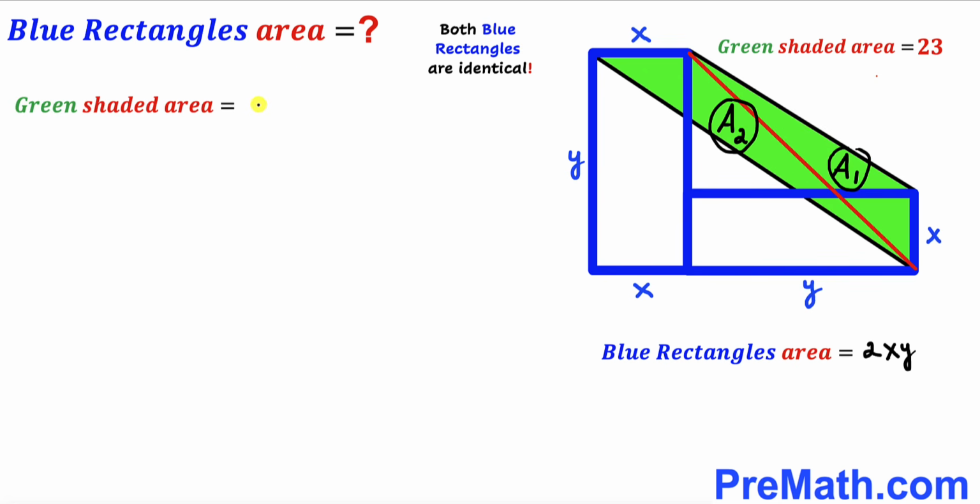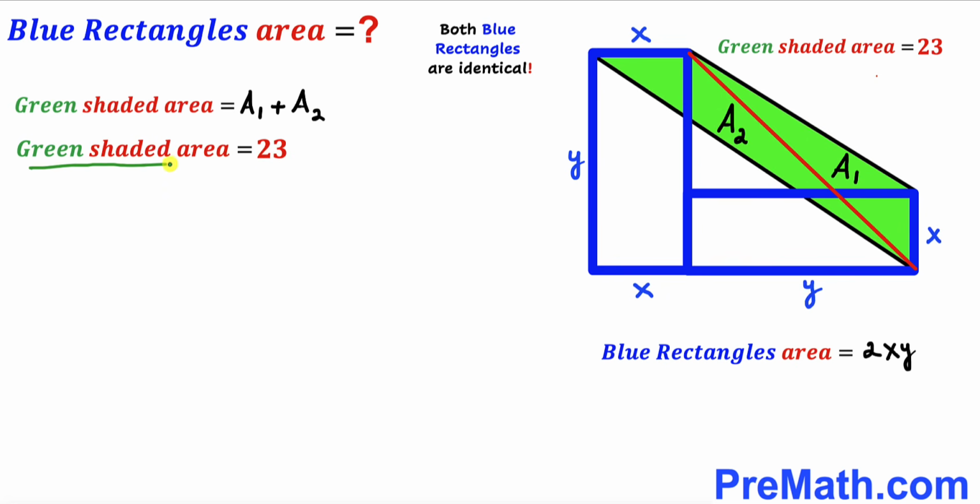So our green shaded region area is simply A sub 1 plus A sub 2. Furthermore, we know the area of this green shaded region has been given to us as 23 square units.